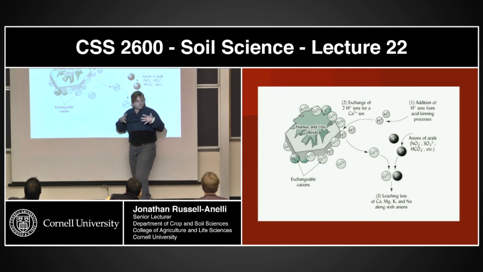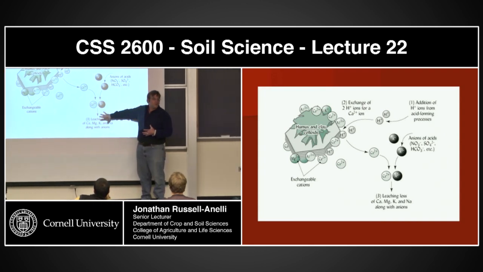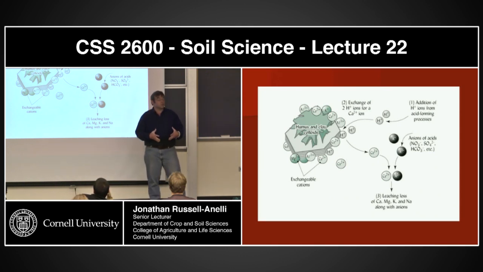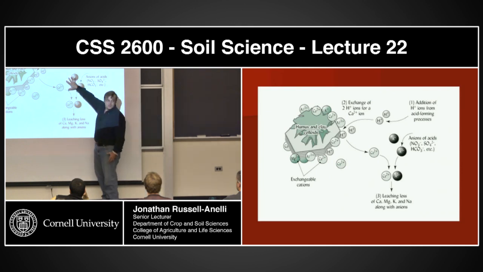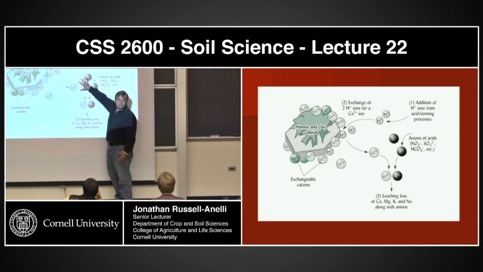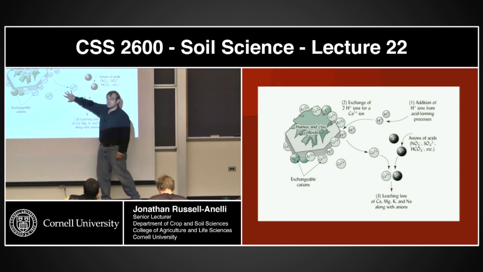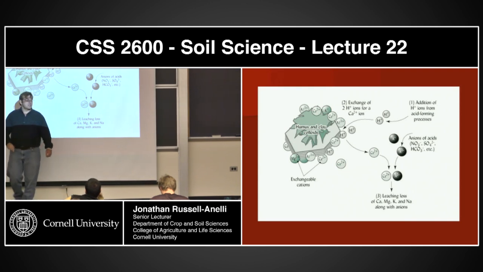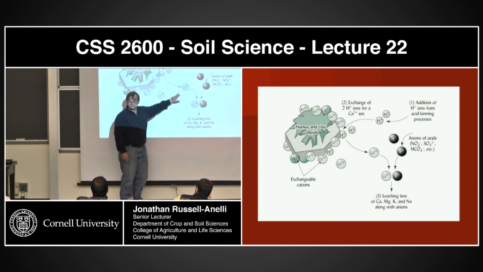What do you imagine? Just think this in your head. As the pH of this soil solution starts going down, what does that mean? It means the concentration of protons in that soil solution is going to start going up, right? Okay. What's going to happen to the protons that are in this soil solution? Some of them are certainly going to be leached out of the system. But what are some of them going to do? They're going to start exchanging with the bases that are on the cation exchange sites, which means those bases are going to go into solution.